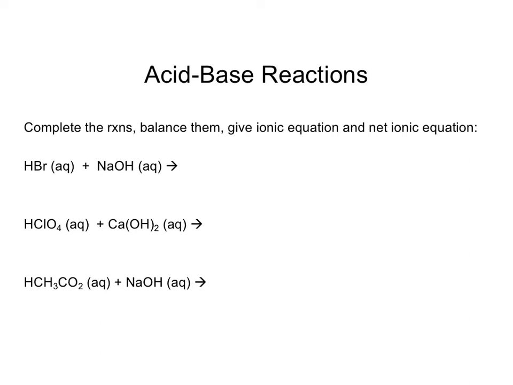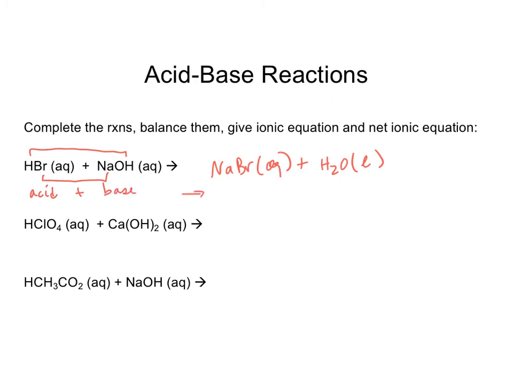So you could look at H and OH combining, and sodium and bromide. Double exchange. So you could get NaBr aqueous plus H2O liquid, or you could write aqueous there for that. And the pattern here is acid plus base forms salt plus water.